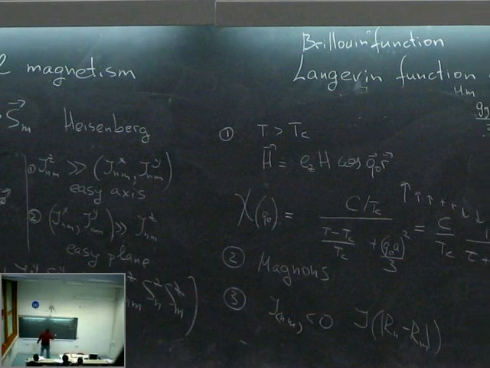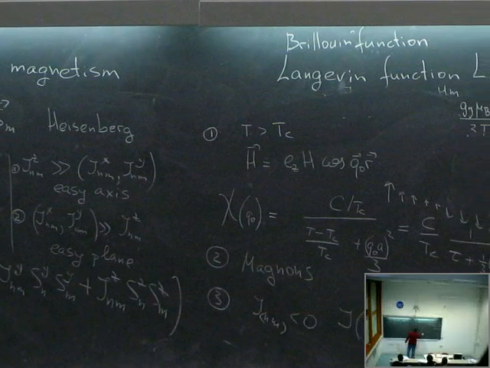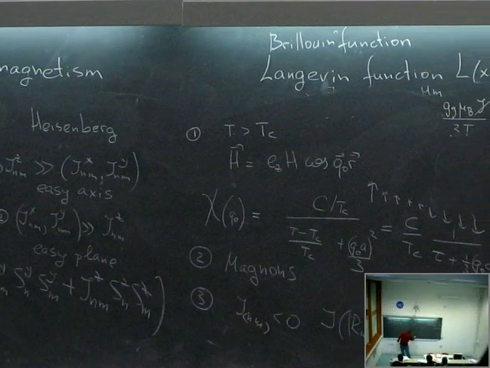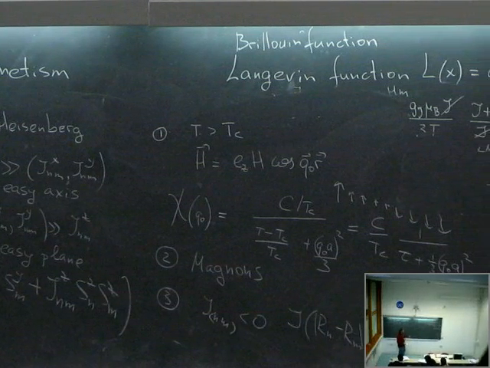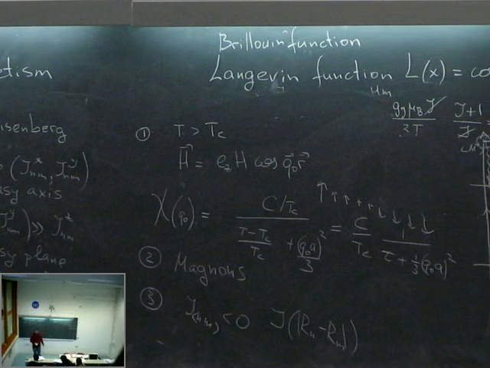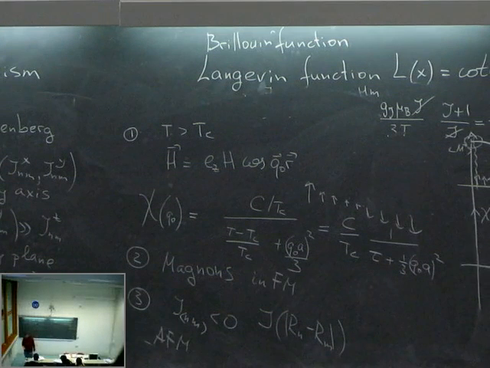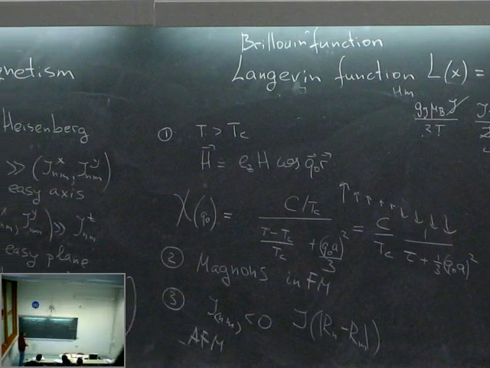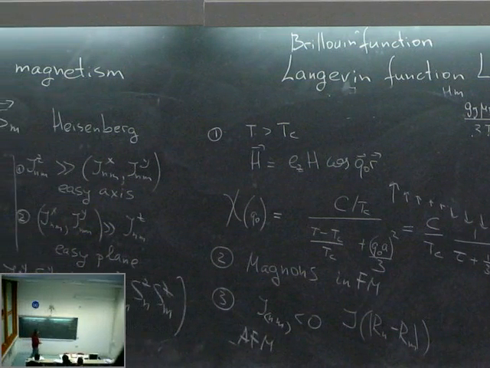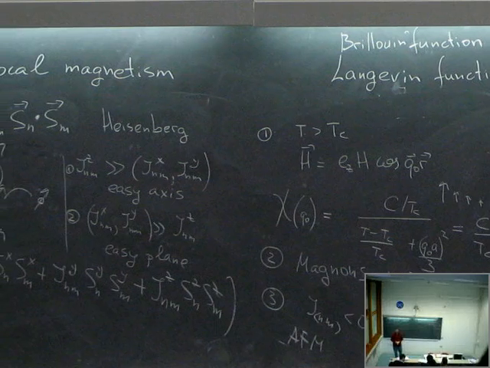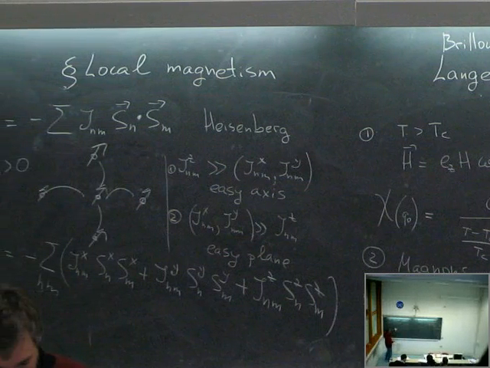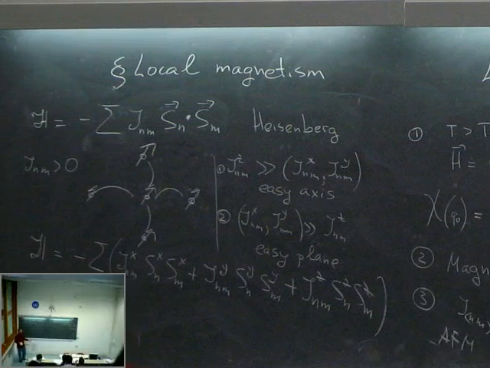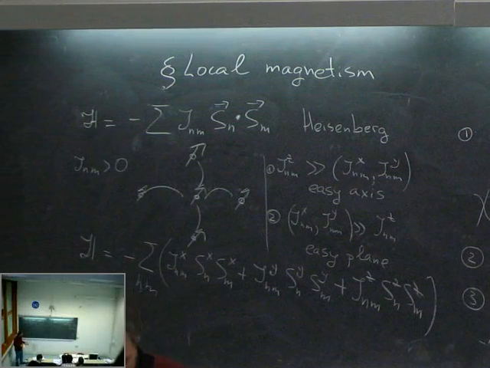So we will discuss in one lecture antiferromagnets, what the correlation function is at temperatures above the critical one, and what the excitation spectrum in antiferromagnets is, where, having two opposite directions of spin, we need to define two sublattices.